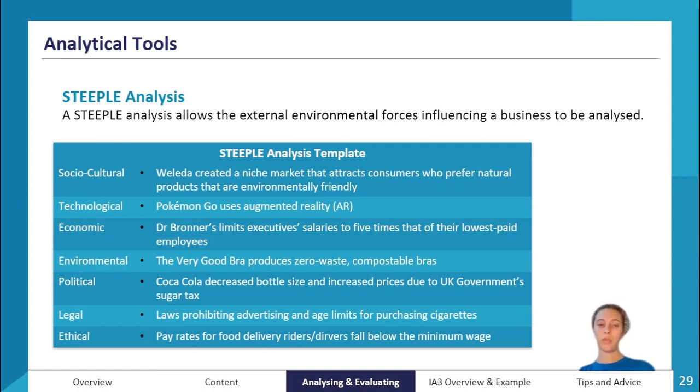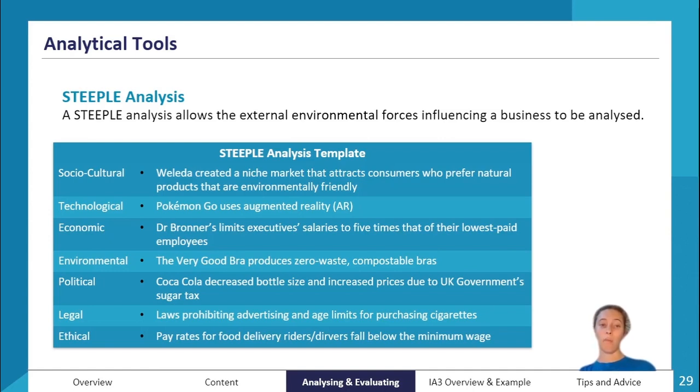So here we've got examples for each of the different categories to get you thinking. So in the socio-cultural section, this is all about people and their values and the way that things are working in society in that socio-cultural space.